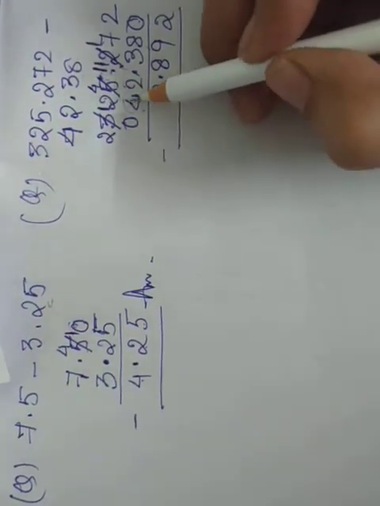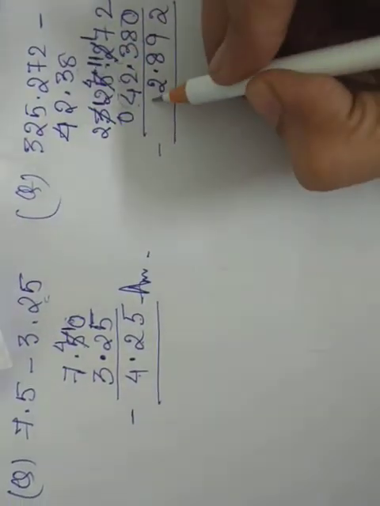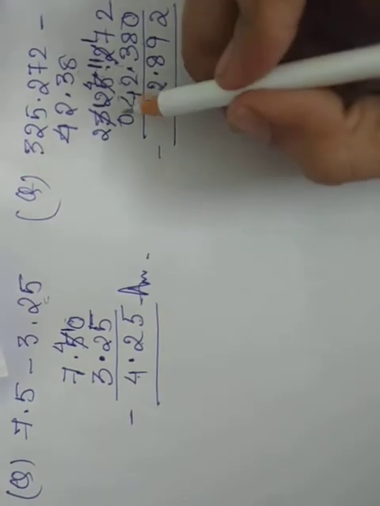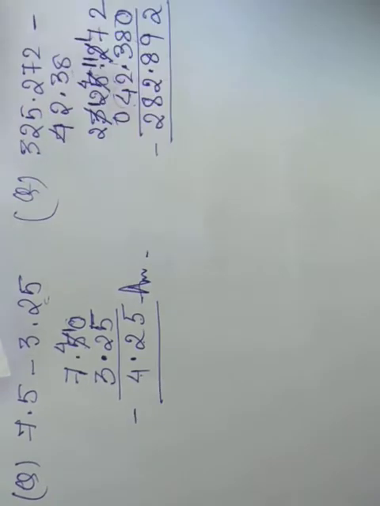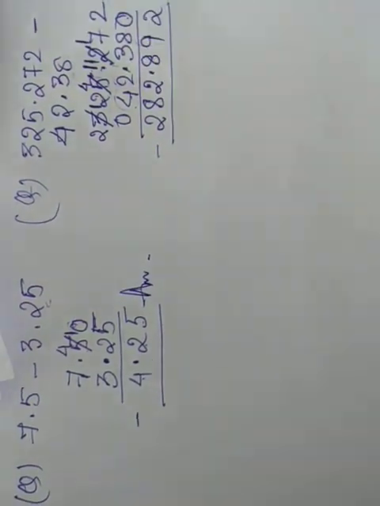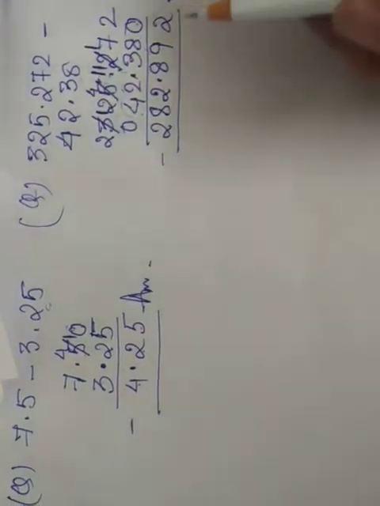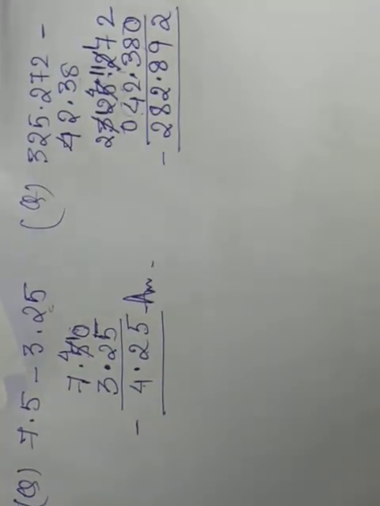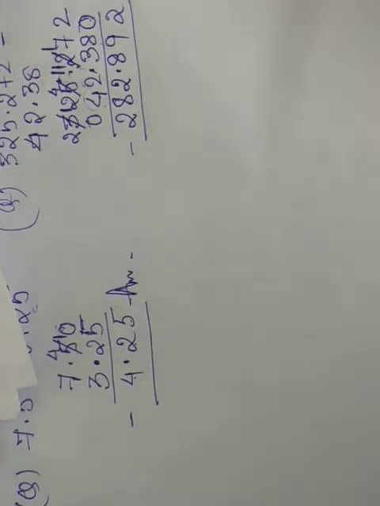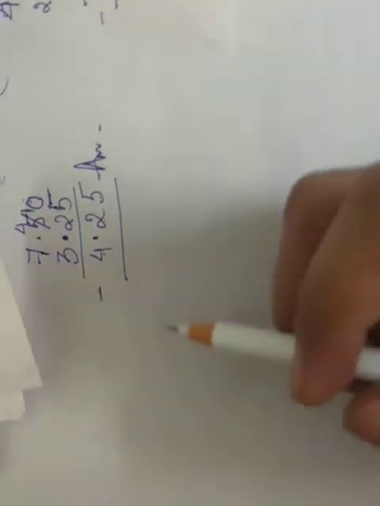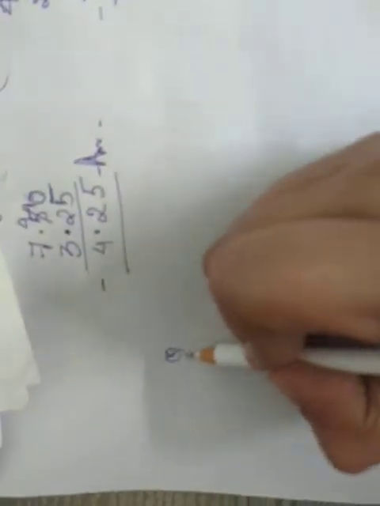Now if I subtract 4 from 12, it will give me 8. And if I subtract 0 from 2, it will give me 2 only. And the answer is 282.892. Clear? See? Let us do few more sums.